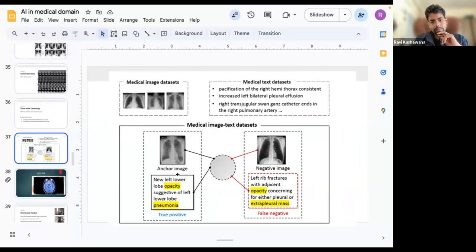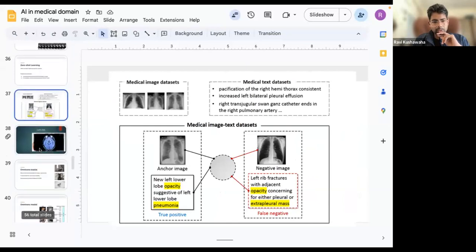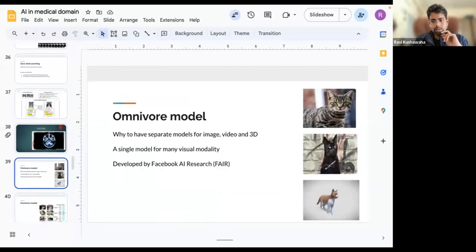We want to combine both of these pieces of information and train a model. This is called multimodality. Also, in the Omnivore model here, one is image, one is video, and one is 3D representation. These all come under multimodality, since all of them are different types of inputs. I hope this clearly answers your question.